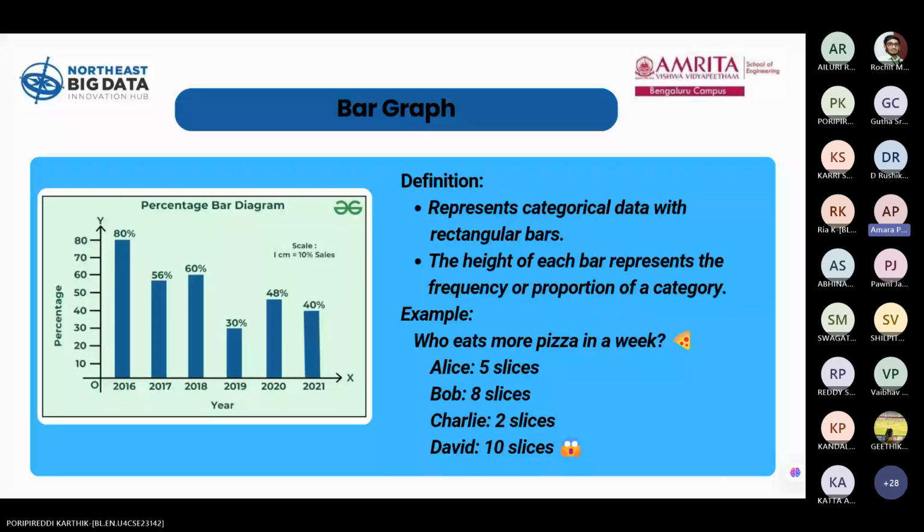So here you can see unique values, suppose 2016, 2017, 2018, and so on. Generally, you can keep, if number of cats are 80, number of dogs are 70. These are separate values. Generally, for these kinds of things, we use bar graphs. While for continuous values, we use a histogram.